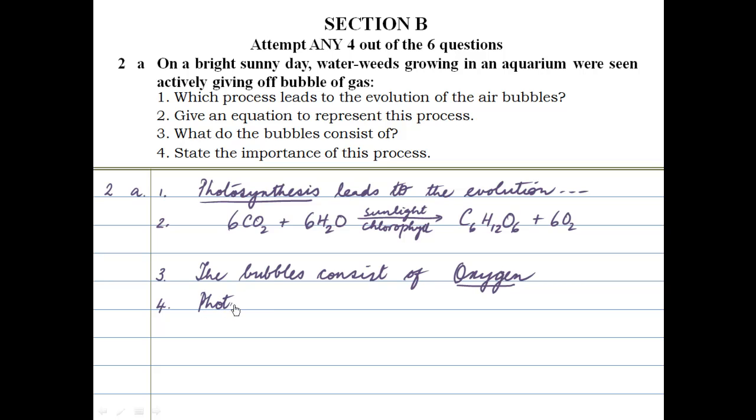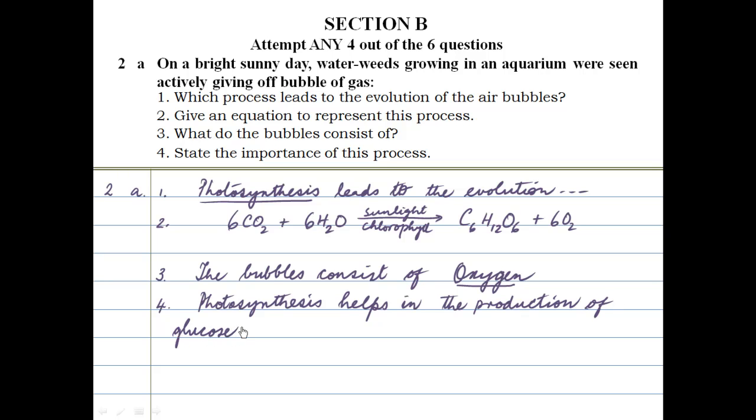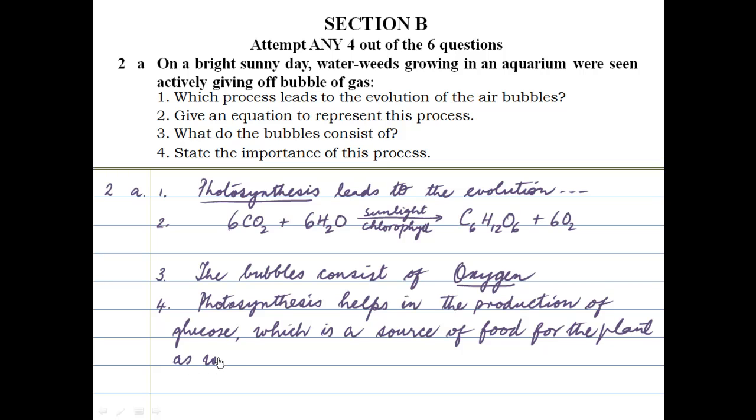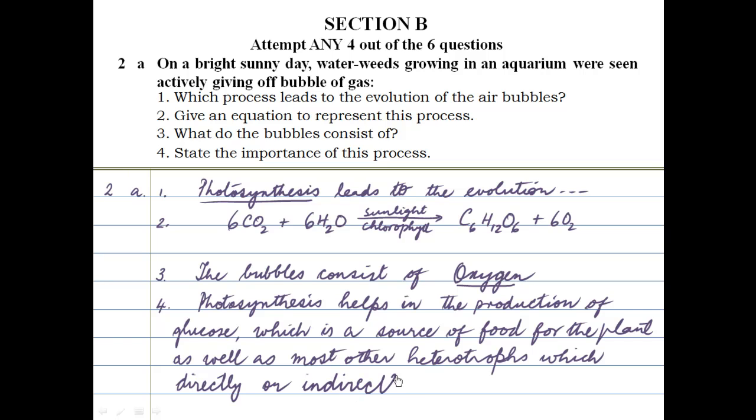So, you can phrase it something like this, that photosynthesis helps in the production of glucose, which is a source of food for the plant, as well as most other heterotrophs, which directly or indirectly depend on it.